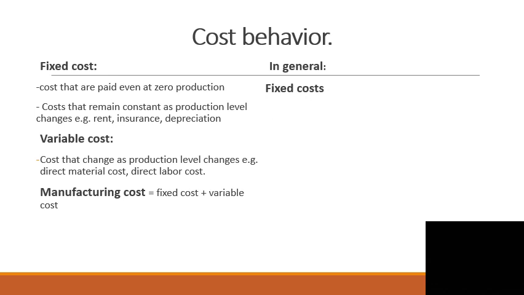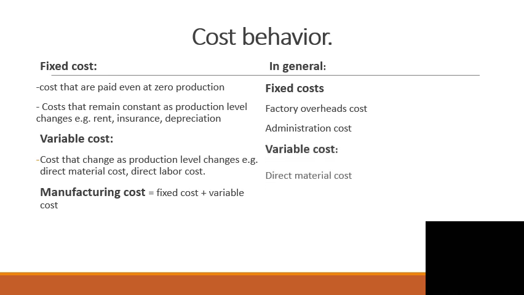So fixed costs out of these are fixed overheads and administration. So when a question requires you to calculate break-even, as you are going to see, we need fixed cost. Even if you are not told, you must know that in general, fixed overheads and administration costs are fixed costs.